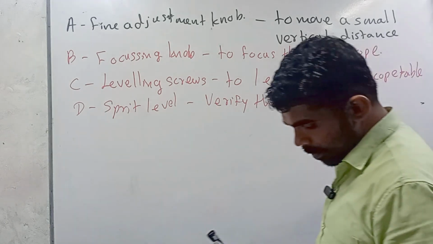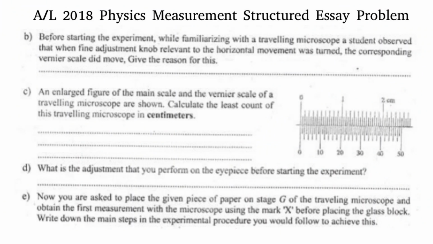Part B. Before starting the experiment, while familiarizing with the traveling microscope, a student observed that when the adjustment knobs relevant to horizontal movement were turned, the corresponding vernier scale did not move. Give reasons for this.